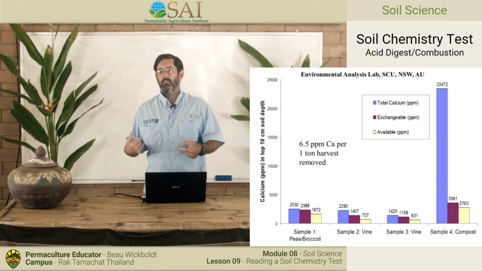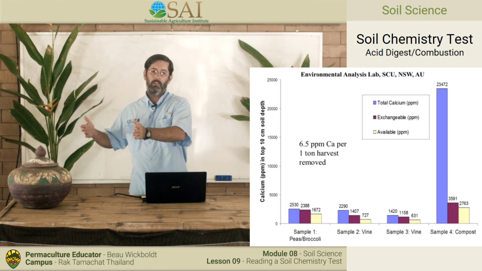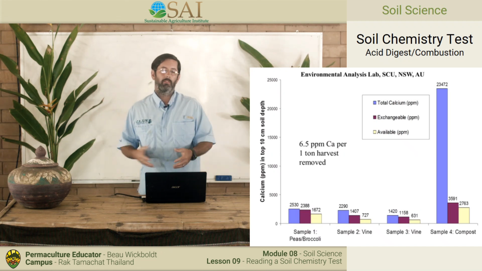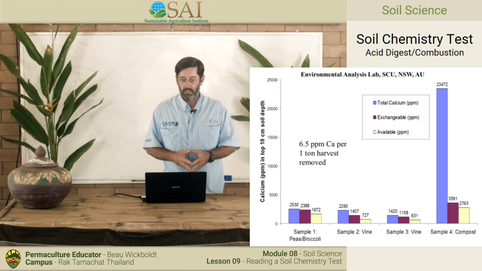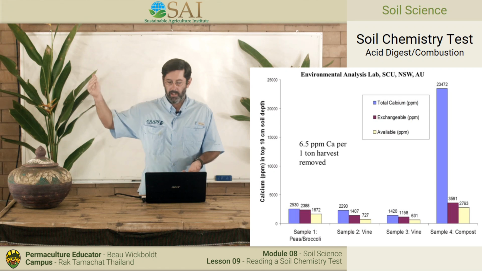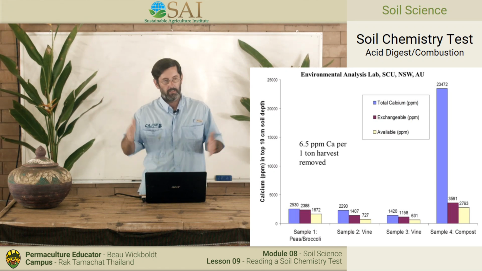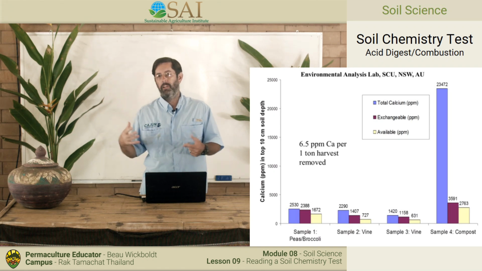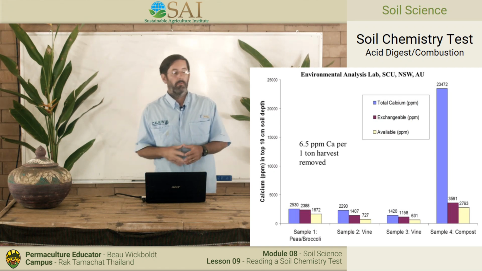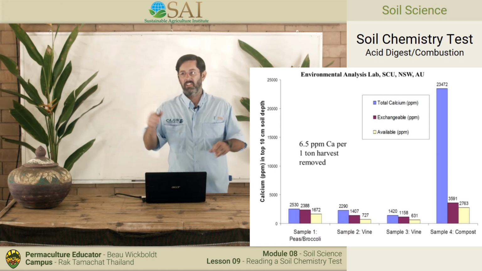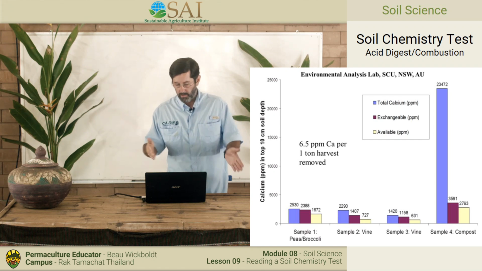So how much would I need to do to replace that mineral each year, whether through compost or any of our biofertilizers? Here is the total calcium, exchangeable and available calcium. They looked at different plants on their farm, and different plants, fruits, and vegetables take up different amounts.